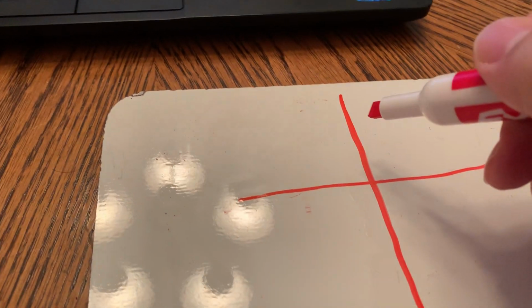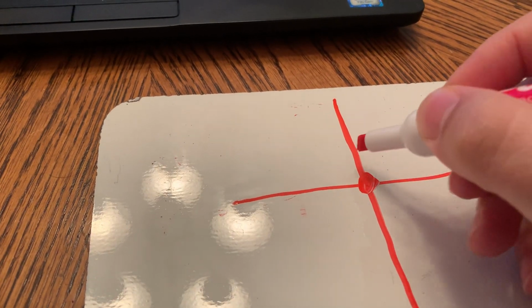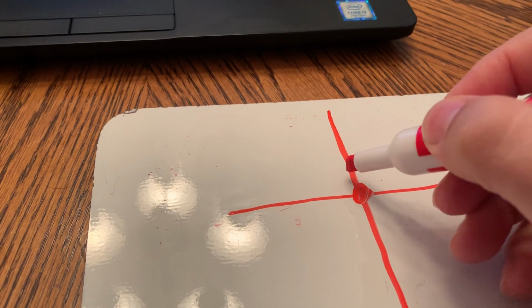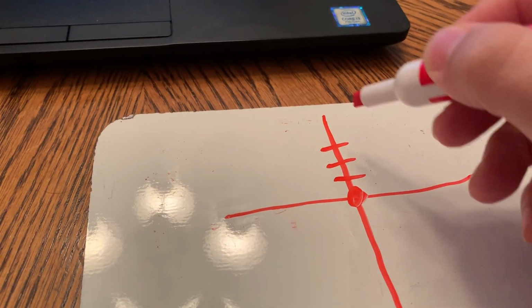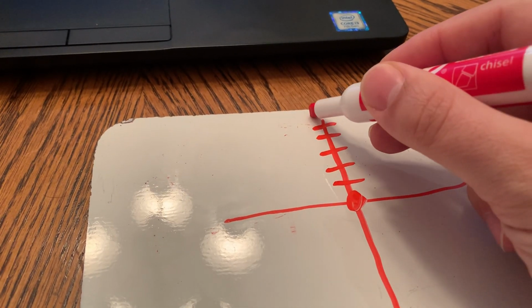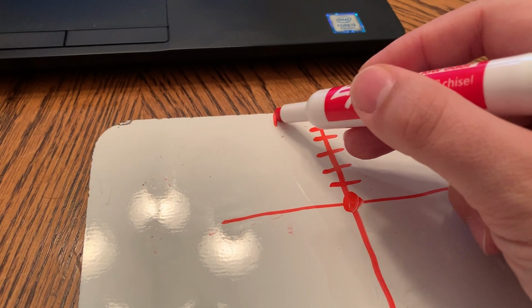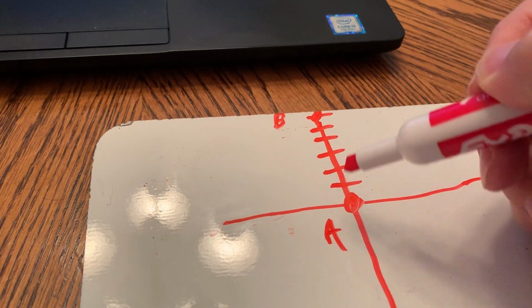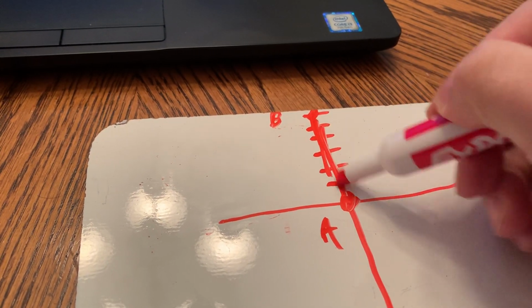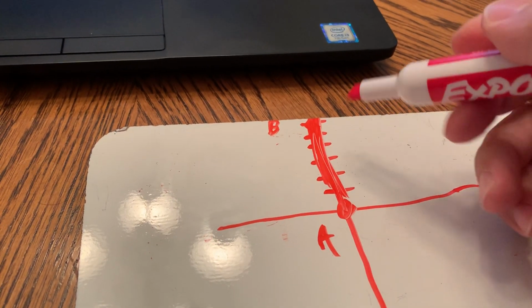All right, so I've got my coordinate plane drawn. A is at 0, 0, and B is at 0, 6. So I'm going to go 1, 2, 3, 4, 5, 6. Go up a little higher. Okay, so there's B, there's A. All right, and I'm going to bold this a little bit to show that that is our line segment.